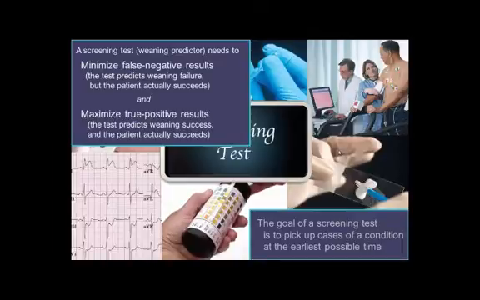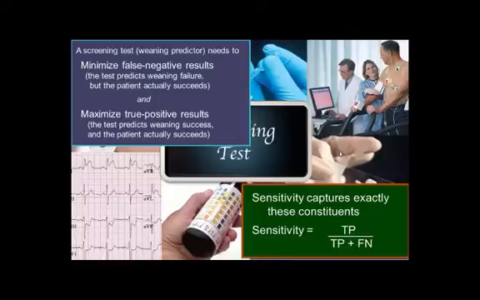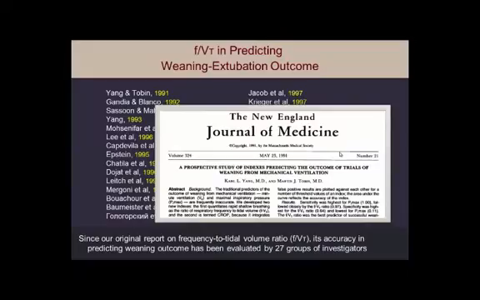And it needs to maximize the true positive results. That is, the test predicts weaning success and the patient actually succeeds. So if we look at sensitivity, it captures exactly these constituents. Sensitivity is the true positive rate over the true positive rate plus the false negatives.